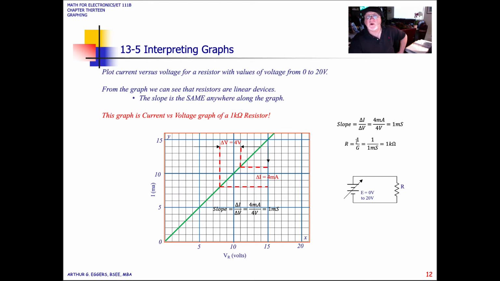We need to do an inversion, so R is equal to the reciprocal, 1 over G, and we see that the voltage and current yield a constant resistance of 1 k ohm. Graphically, we were able to determine that we expect a constant resistance by changing the voltage and the current. Again, we have those dependent and independent values.